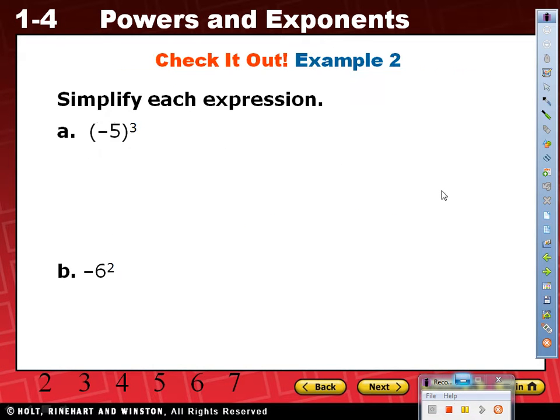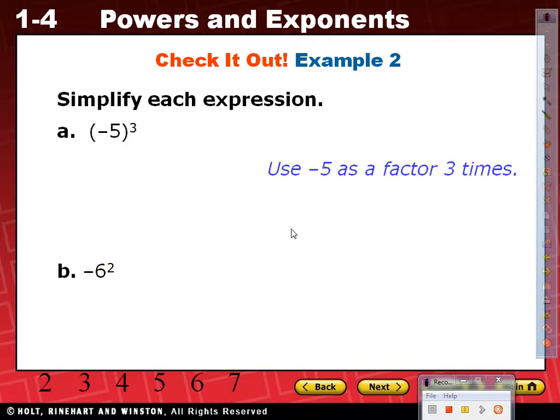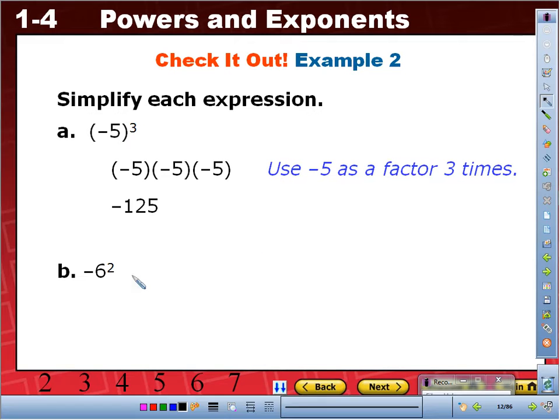Let's see, do those by yourself. See what you get. Check the work. So here we go. The first one could be written as negative 5 times negative 5 times negative 5. What is negative 5 times negative 5? 25 times negative 5, that's negative 125. This one, before you make the mistake, notice that the negative is outside and doesn't have a parentheses, right?